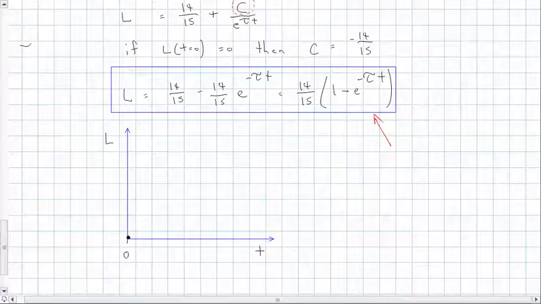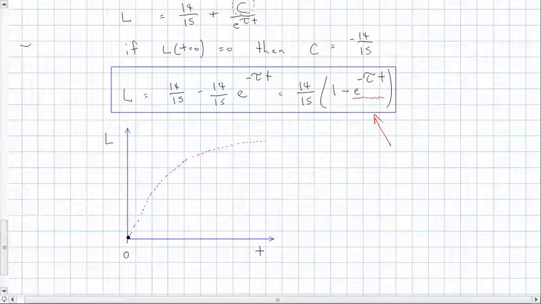So as time increases, the ability of this term to take away from this 1 value decreases with time. As a result, there is a rise for filling, but a gradual plateauing as this term goes to 0.